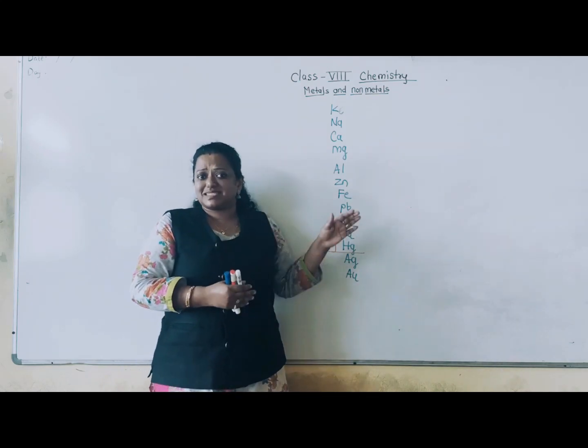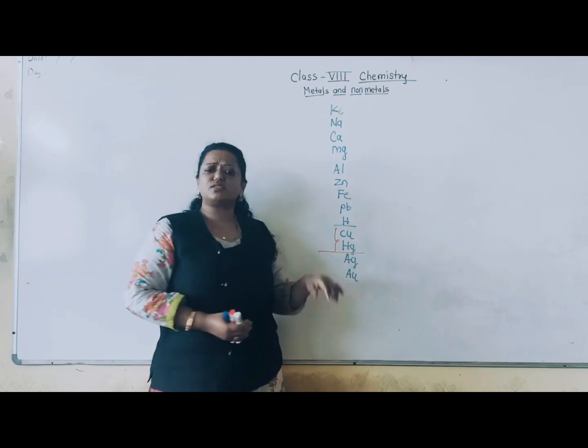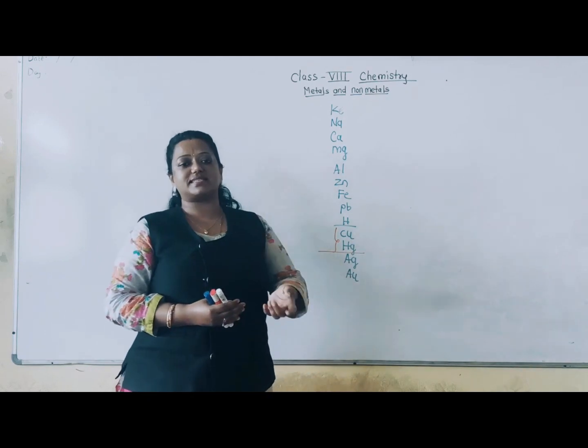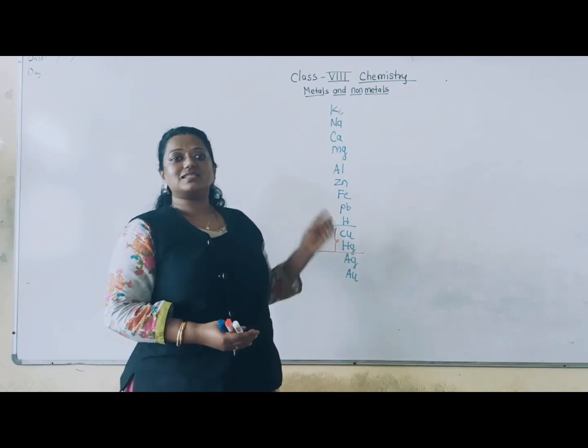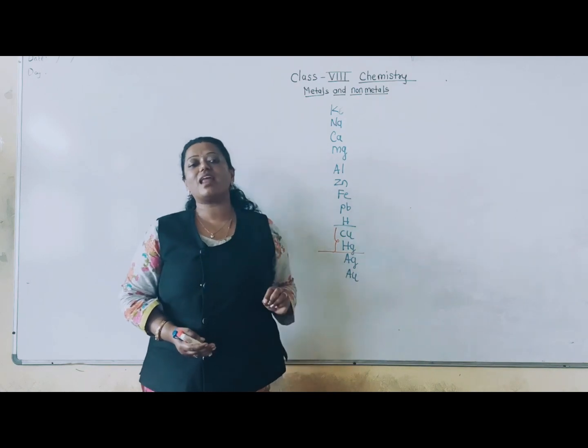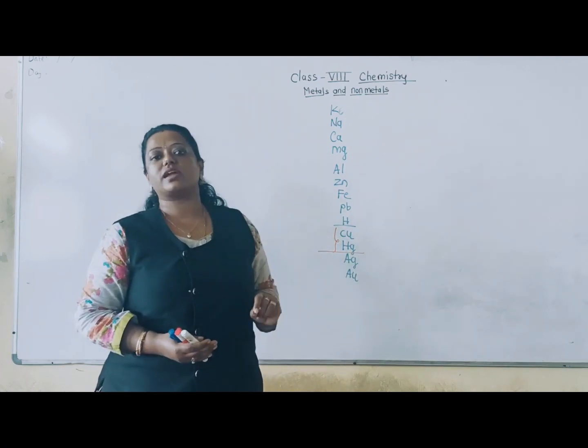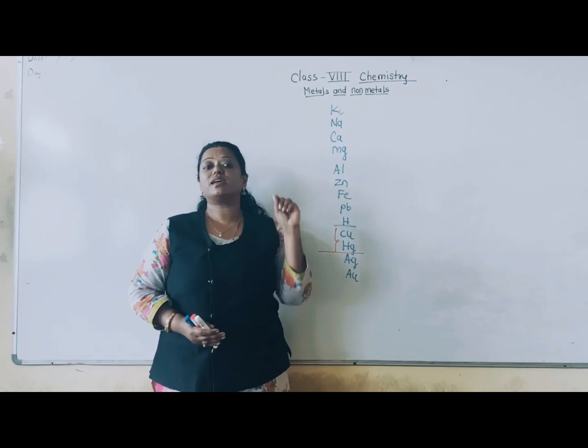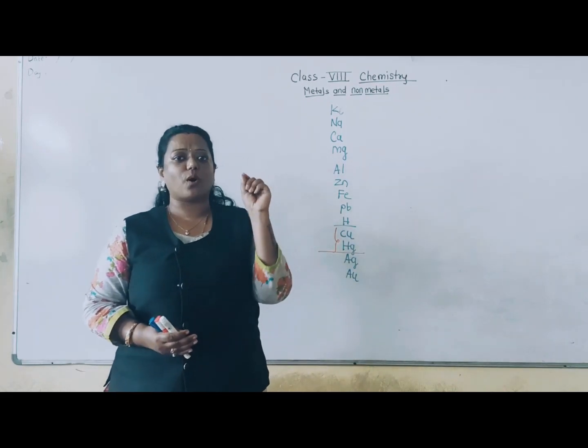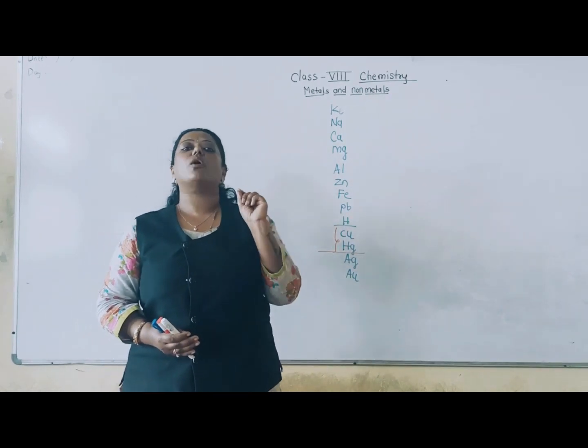This means silver and copper are not much reactive with acid, but very rarely and to a very small extent they react with atmospheric oxygen and form a layer of oxide on them.